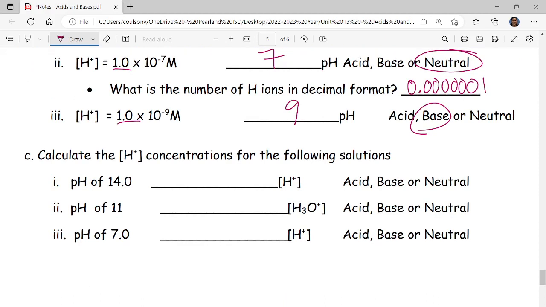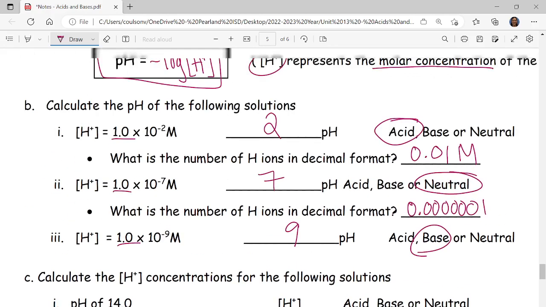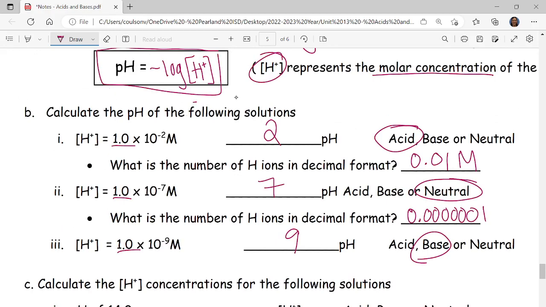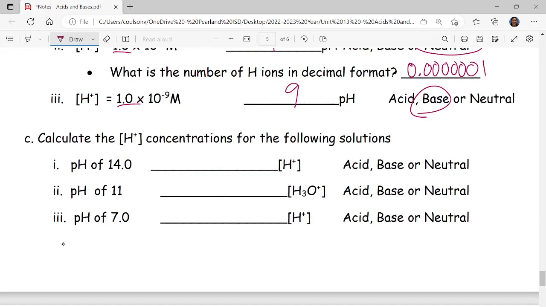So probably, if Ms. Harkuter is okay with it, we'll give this to you on your test: a way to rearrange this exact same equation is that your hydrogen ion concentration is going to equal 10 to the negative pH.